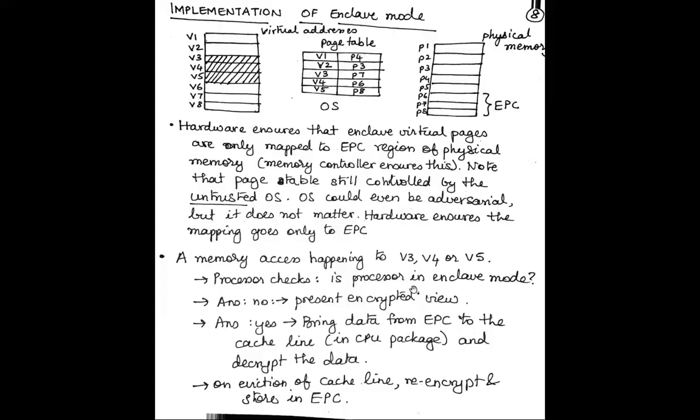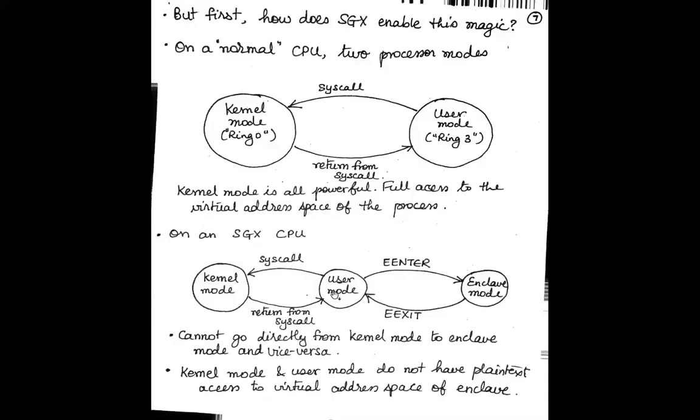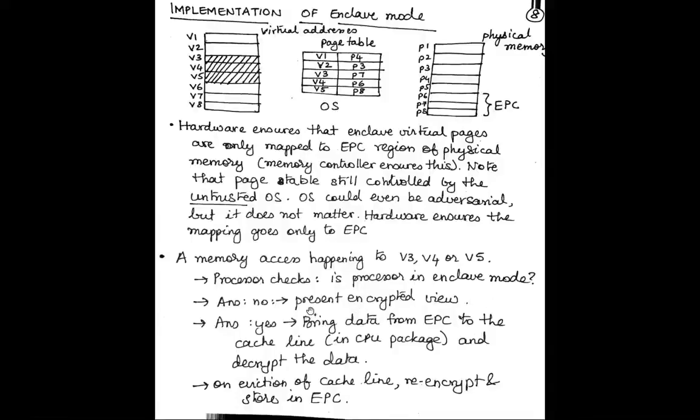If the answer turns out to be no, then the processor is either in user mode or in kernel mode, and therefore it's either kernel code or user code trying to access the enclave. And so the contents presented to that load or store will be the encrypted view. In fact, it's not even the encrypted contents. There's another logic that presents just zeros or all Fs. It is not presenting the plain text.